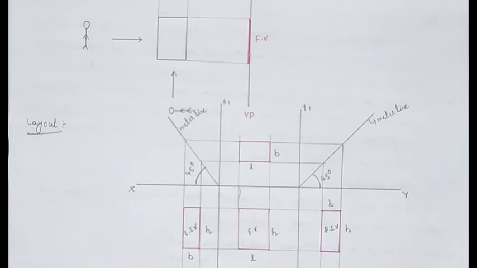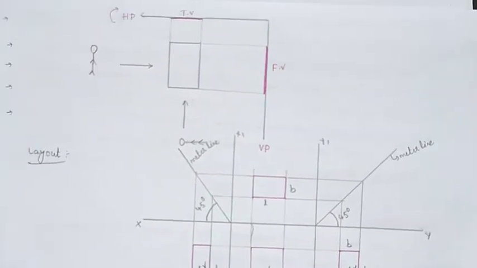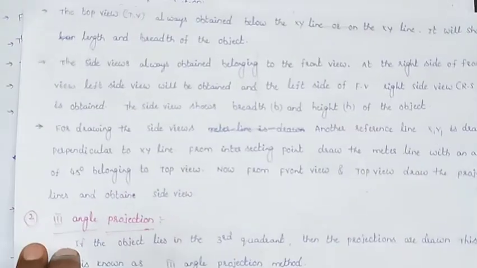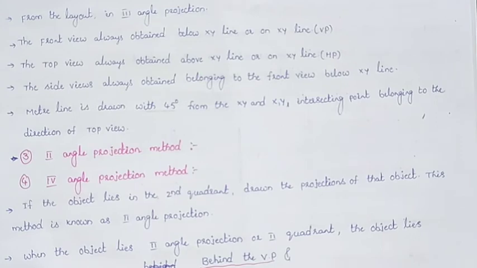In the third angle projection, both the front view and side views will be obtained below the XY line, but only the top view will be obtained above the reference line or on the reference line. So this is about the third angle projection method, and these are the key points.